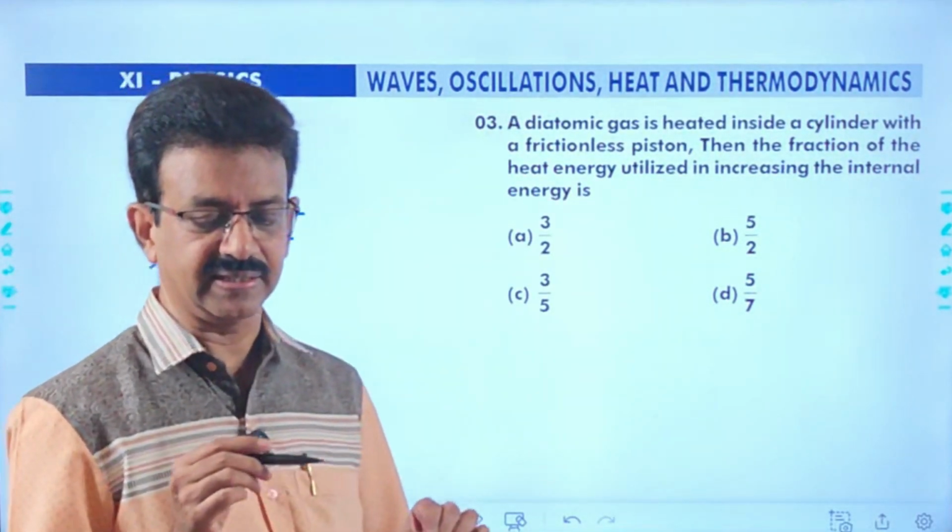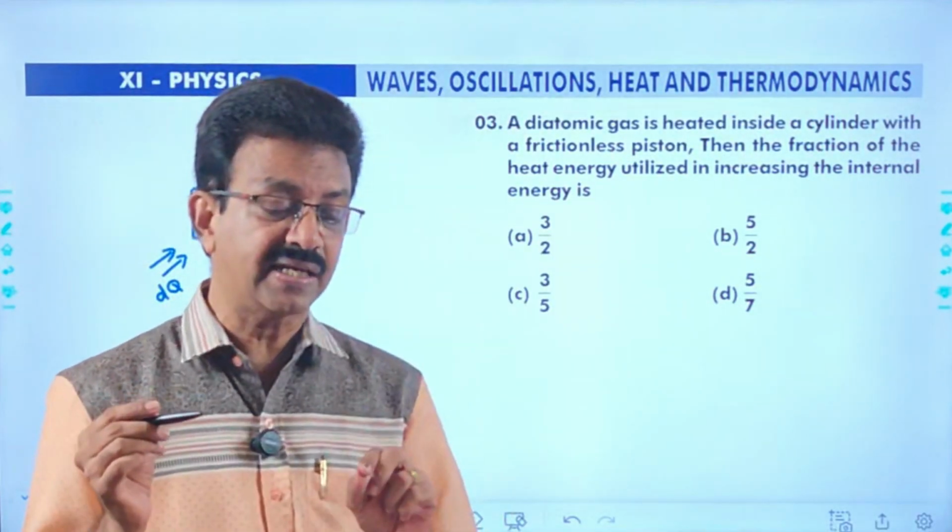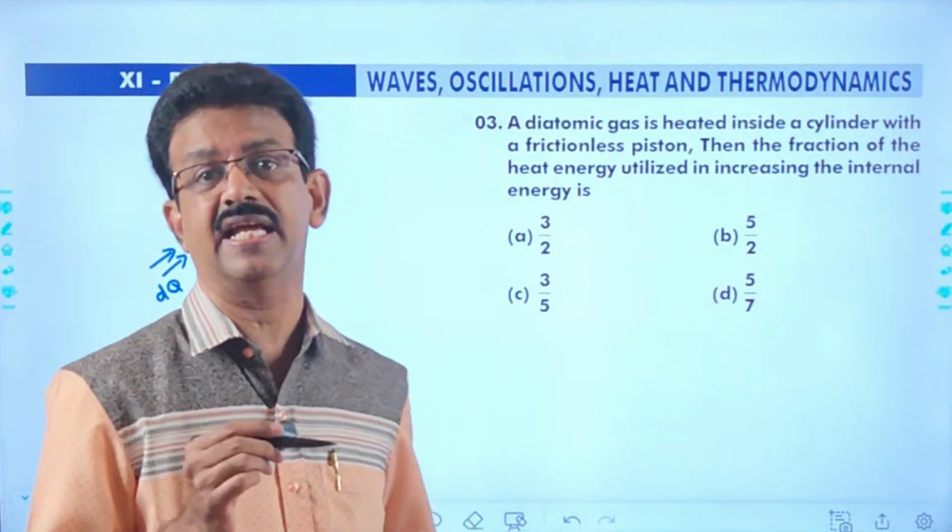Here, the question is, what fraction of the heat energy is utilized in increasing the internal energy?